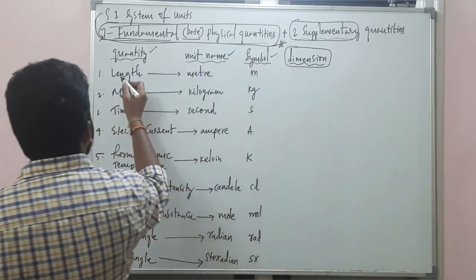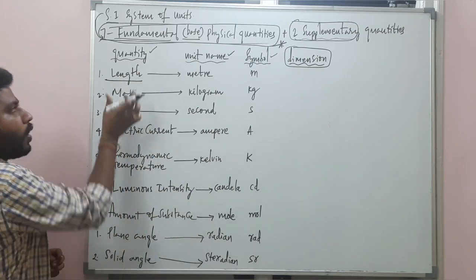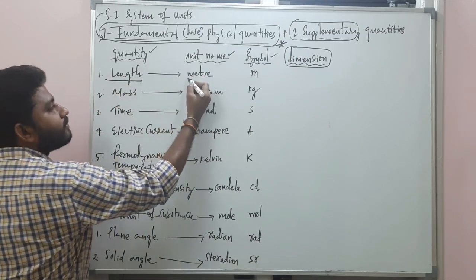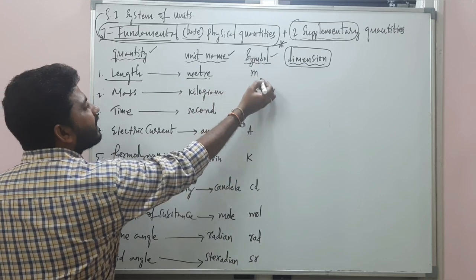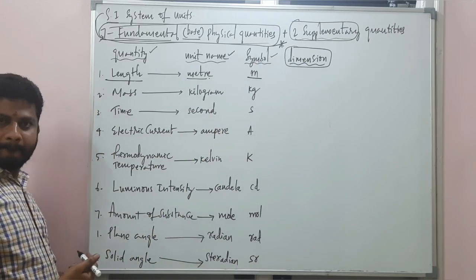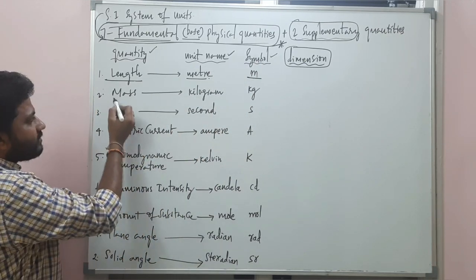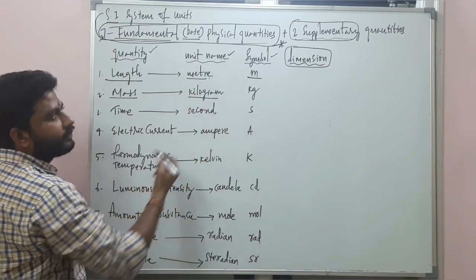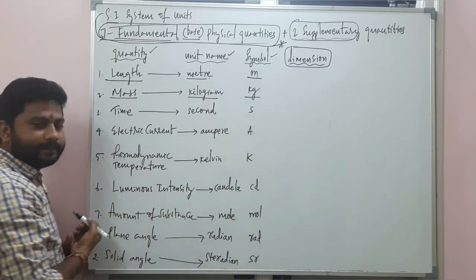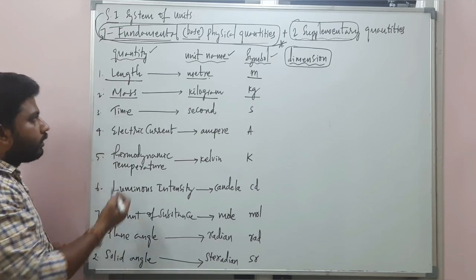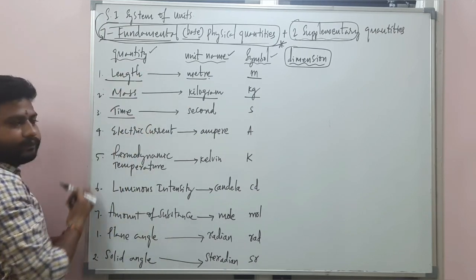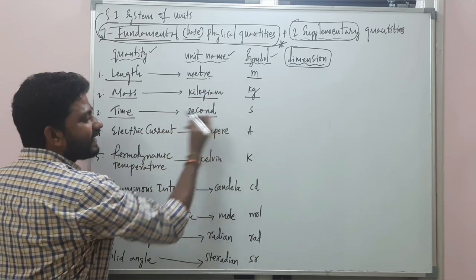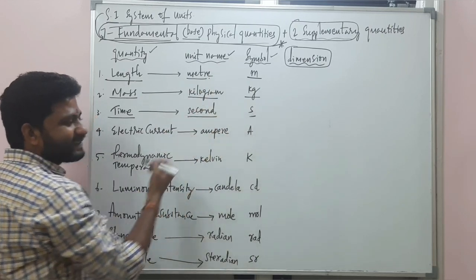So the first quantity is length, whose unit name is meter and whose symbol is m. Next, mass, its unit name is kilogram and its symbol is kg. Time, unit name is second and symbol is s.